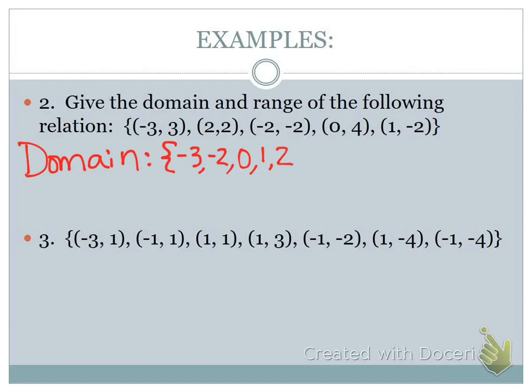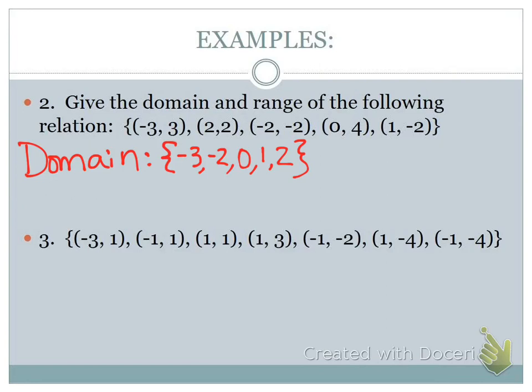Okay, so we listed all the x values. We did not necessarily go in order through these ordered pairs, right? We pick out the smallest first, and then we keep going until we get to the biggest one and we stop.